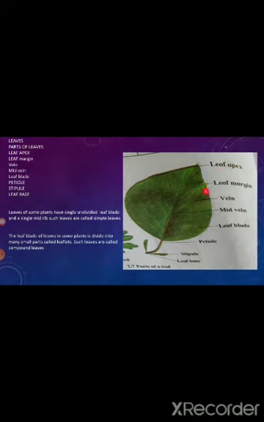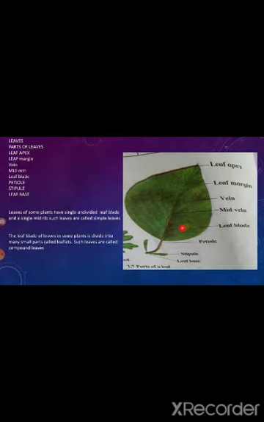This margin of a leaf is called leaf margin. These small lines are called veins, which divide the leaf into many parts. This mid-vein is a single straight line which divides the leaf into two equal parts. And here is leaf blade.